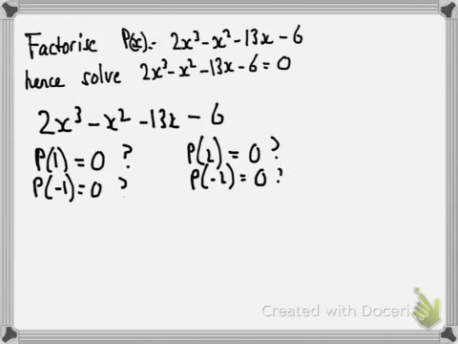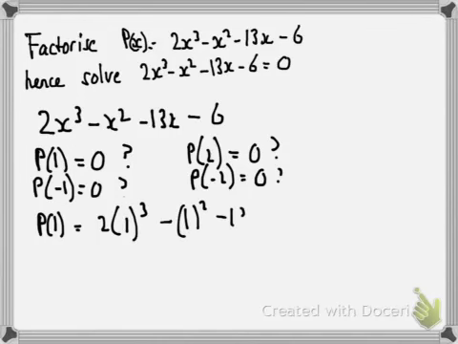Now, I already know what it's going to be here, but I'll do one failed attempt because you may be able to work it out using a bit of mental arithmetic. You may have to use trial and error. So, for example, I'd start at p of 1. I can look at this through experience now. I can tell it's not going to be p of 1, but we'll try it anyway. So let's look at p of 1. That's going to be 2 times 1 cubed minus 1 squared minus 13 times 1 minus 6.